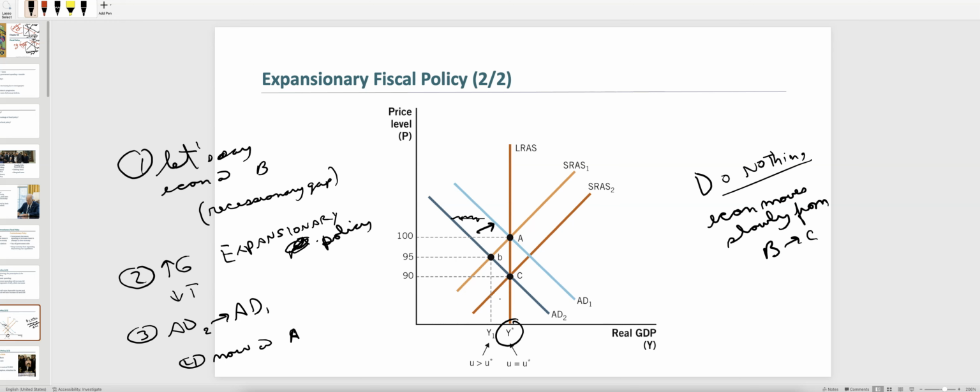Moved us from B to A. Some would even argue, perhaps, that we overspent, that we actually moved it way out here, that we moved from a recessionary gap to an inflationary gap. Did it really fast, but we had higher prices. We certainly saw that in 2022, 2023.